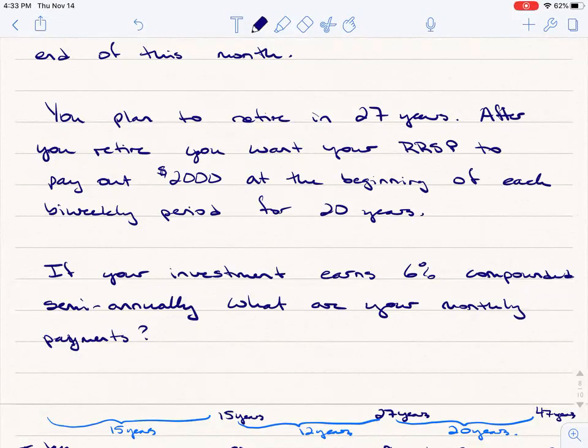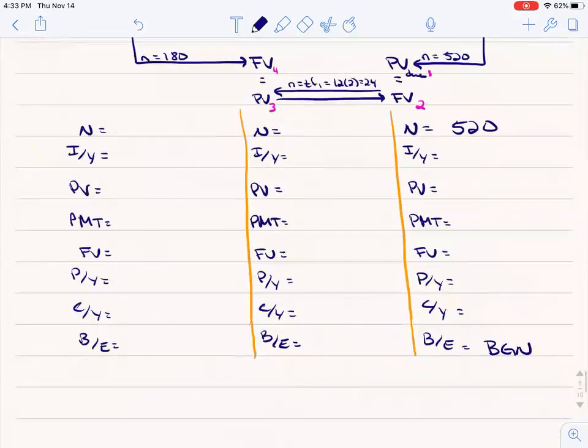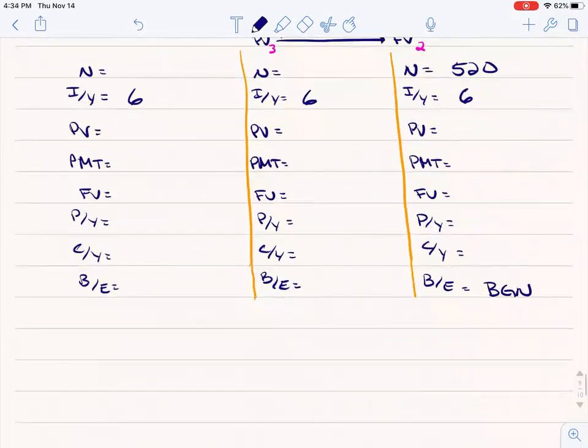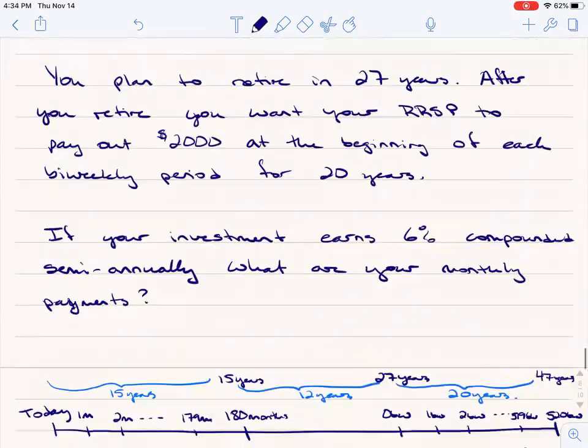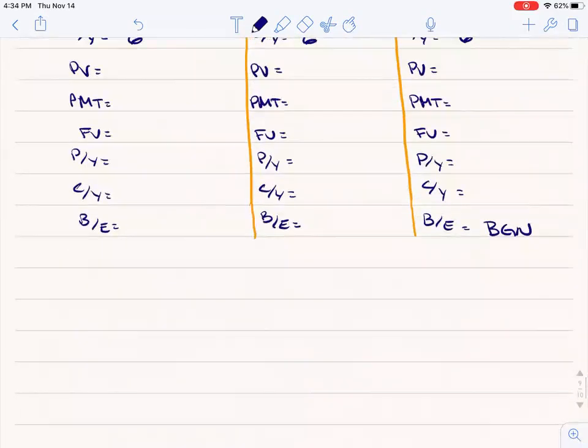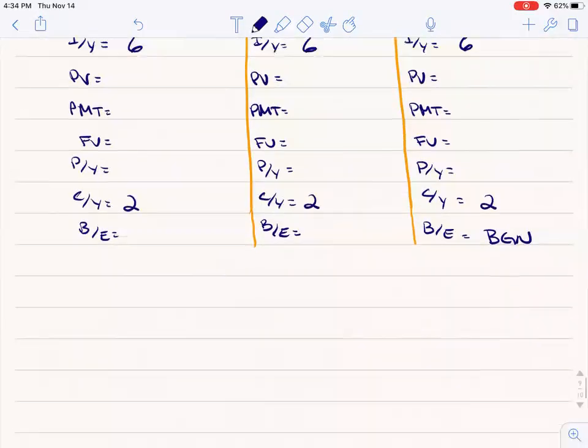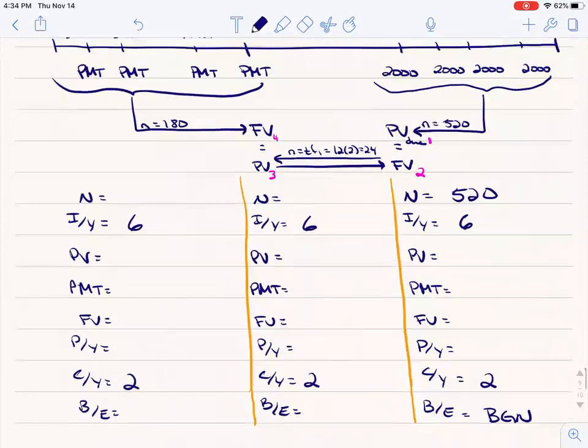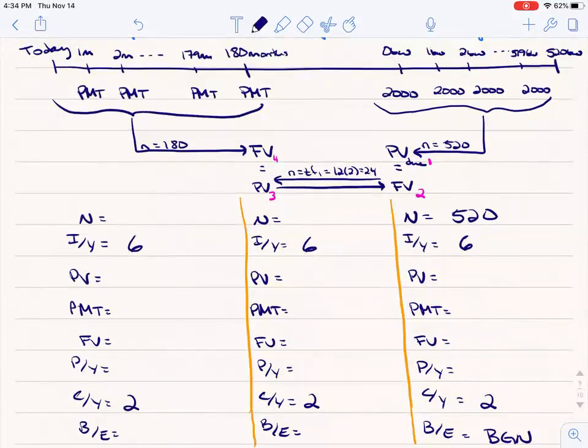That's not necessarily always the case, right? But in this case, we've got 6% semi-annually. So for our interest per year in all of these, we can put 6, and for our compoundings, semi-annually, I think, correct? Yeah. So our compoundings are 2, 2, 2. So those are going to be the same across the board.